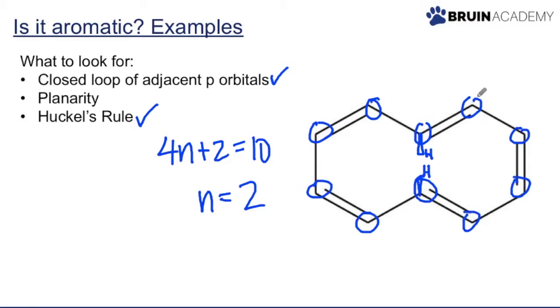There's a lot of ring strain, it's too unstable for these hydrogens to occupy the same space because of this type of trans alkene structure that we have. And so, as a result, this molecule actually is not planar. If you have a model kit, you can see how it pushes these hydrogens so that they don't occupy the same space, and as a result of that, it breaks the planarity.